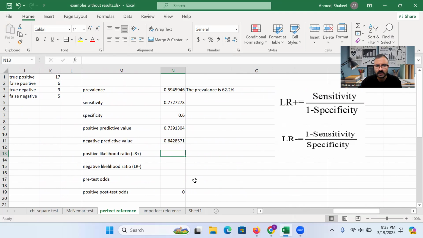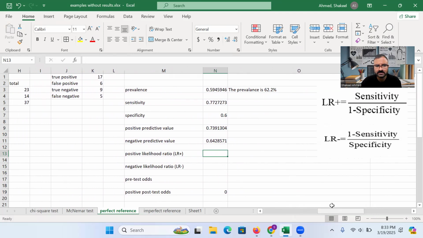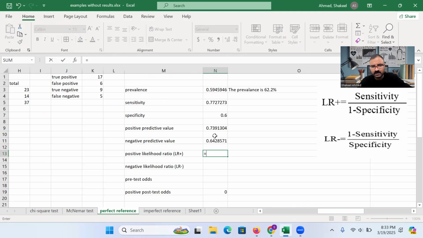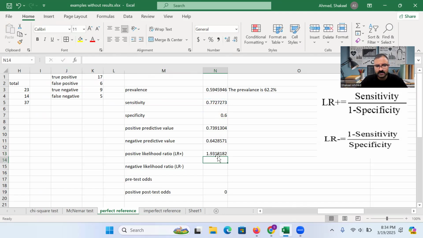So how we can find it is, we can just take sensitivity divided by 1 minus specificity, and this is 1.93.